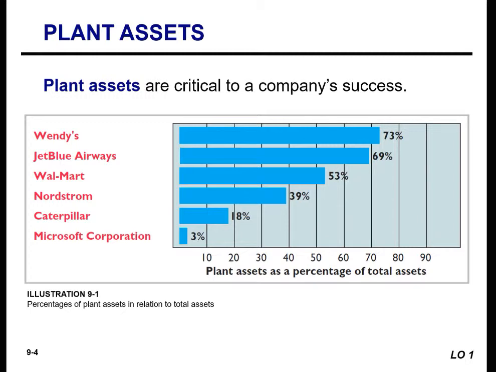They cannot ring up those orders if they don't have cash registers. So these are the things that need to be in place in order for you to generate your revenue. That's what plant assets are. And as a percentage of total assets, for many companies, plant assets represent a significant portion of that.